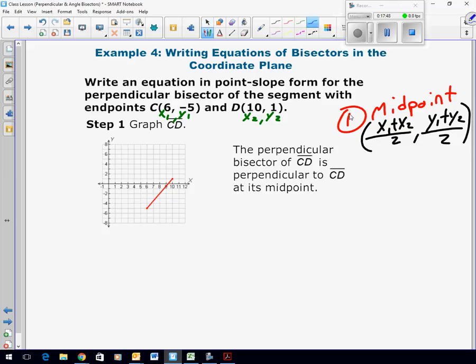Okay, good. 6 plus 10 divided by 2, -5 plus 1 is -4 divided by 2. 16 divided by 2 is 8. -4 divided by 2 is -2. So my midpoint is at the point 8, -2. Here's your visual. 8, -2 is the midpoint. That's the easy part.